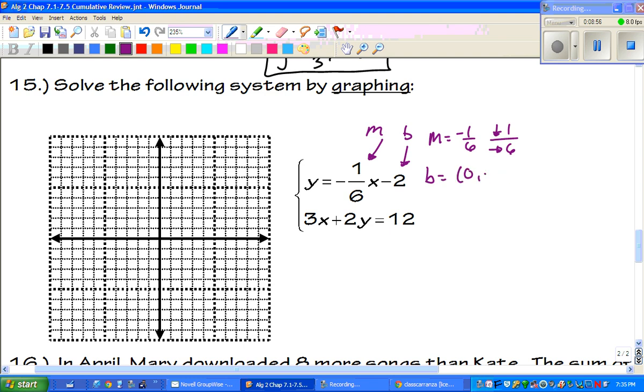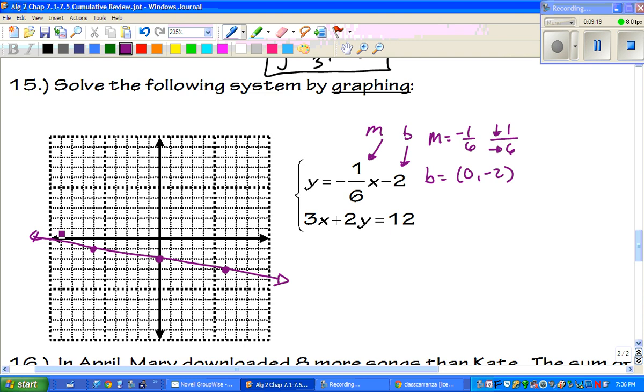And the b is where we start, which is (0, -2). So I start at (0, -2), go down 1 over 6. I can't go down anymore, so I go the opposite direction. And that's my point. And I'm going to draw my line.